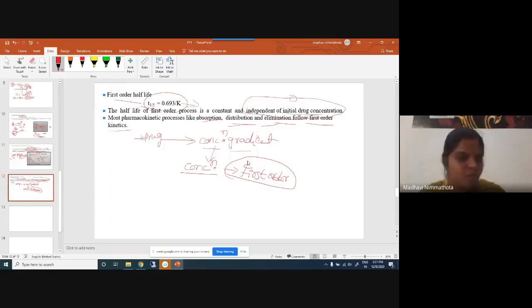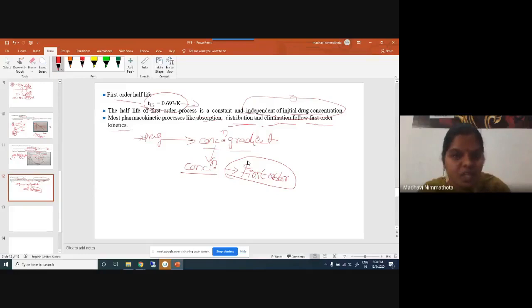It will be totally independent. Your half-life is independent, but your first order rate constant is dependent on plasma drug concentration. So these are two major differences between the half-life of first order and the normal first order rate constant.